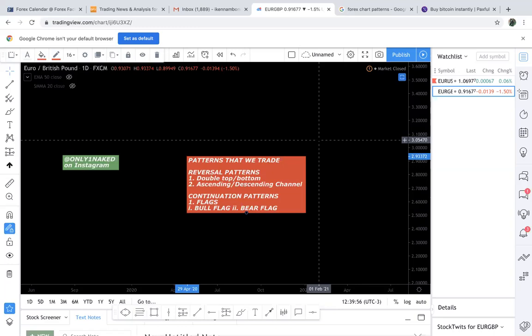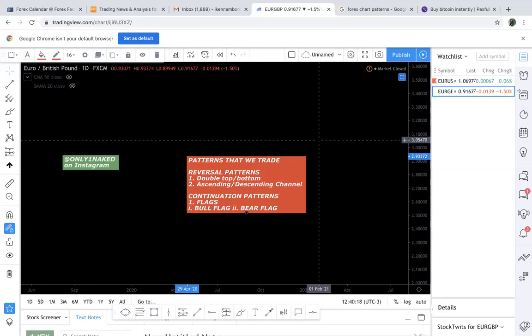Now we have two types of patterns: the reversal pattern and the continuation pattern. I'm going to take them one after the other, starting with the reversal pattern, the ones that we trade: double top and double bottom. In an uptrend, price tends to get to a particular point where it's going to reverse, and it creates a double top.